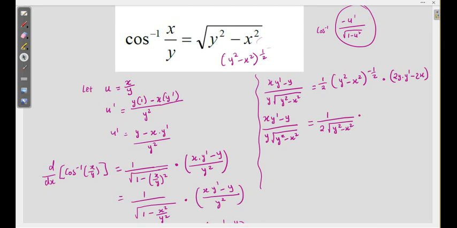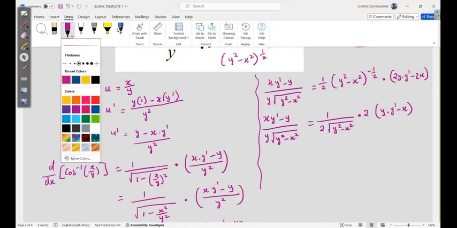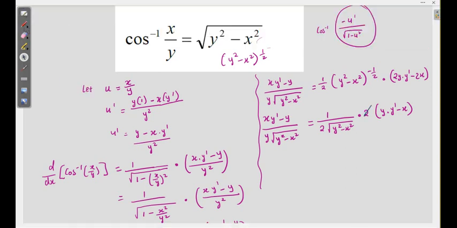I'm just going to take out a common factor there, 2 as a common factor. We'll be left with y times y prime minus x. Perfect. Why? Because I see that here there is a potential of something happening. 2 will cancel a 2 there.